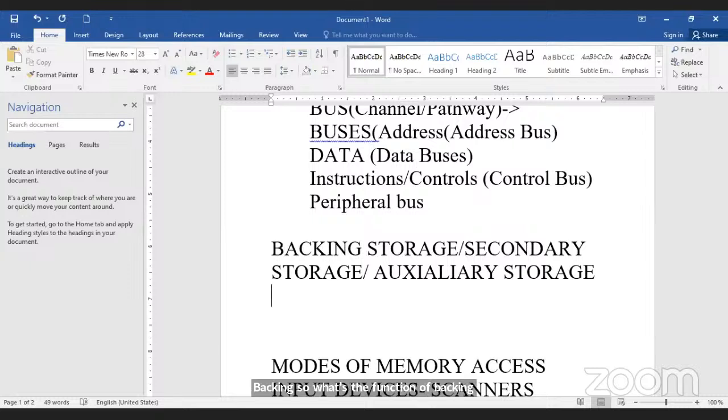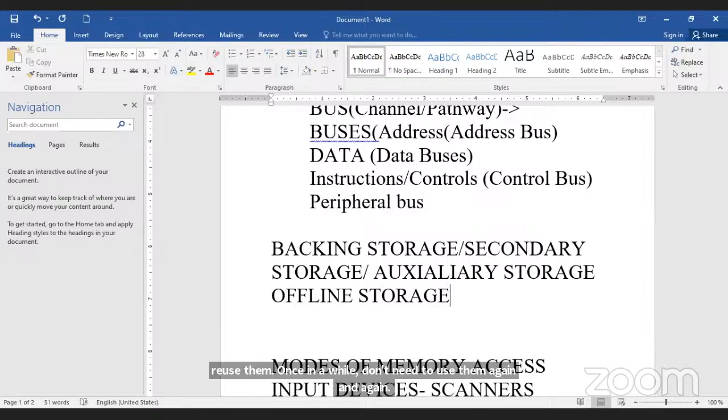What's the function of backing storage? Backing storage usually provides a computer system with what's called offline storage. It stores master files like the system software and programs relating to specific applications until they are required. We have some softwares that you use once in a while. You don't need to use them again and again, so they are usually stored on the backing storage.